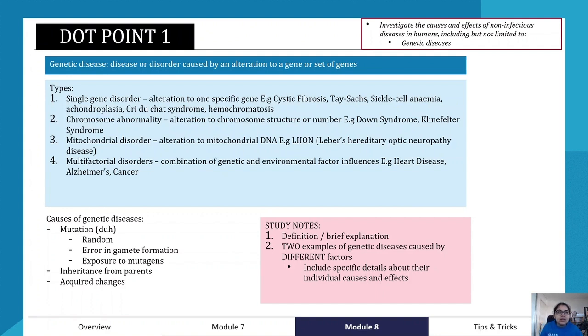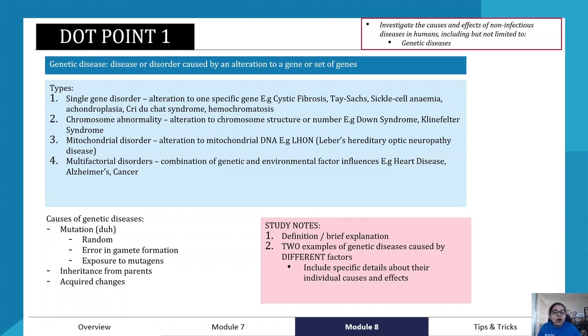They don't necessarily have to be, but so far we've seen a lot of cross-module questions asking you to consolidate your knowledge from, let's say, module 6 and 8 or 5 and 6. So, looking at the causes of genetic diseases, we've got mutations, and they include random mutations, error in gamete formation, and of course, exposure to different mutagens. Inheritance from parents can also cause genetic diseases, and so can acquired changes.